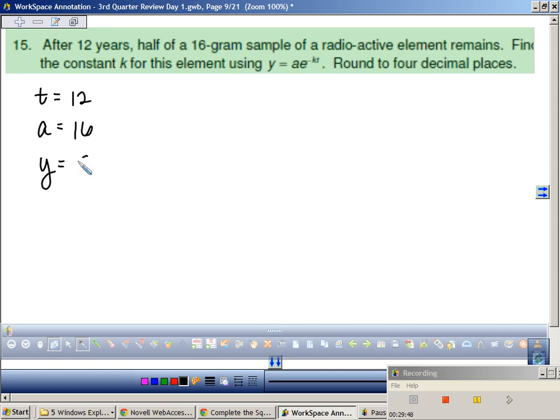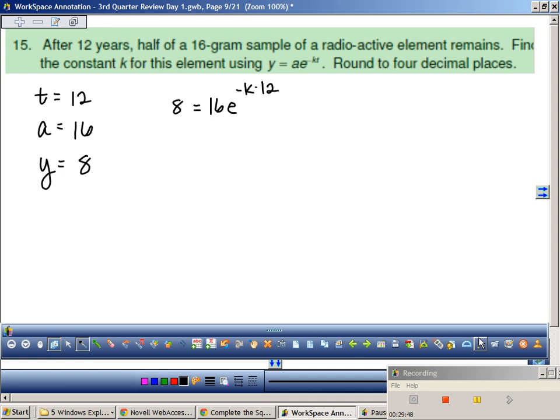Half, which is 8. So find the constant K. So we started with 16. We gave it e to the negative K times 12 years. And we got out 8. Correct?